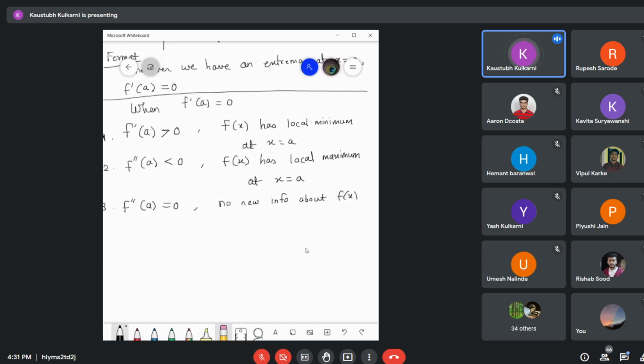let's take another function. Let's say f of x is x cube minus 9x square plus 15x minus 7.